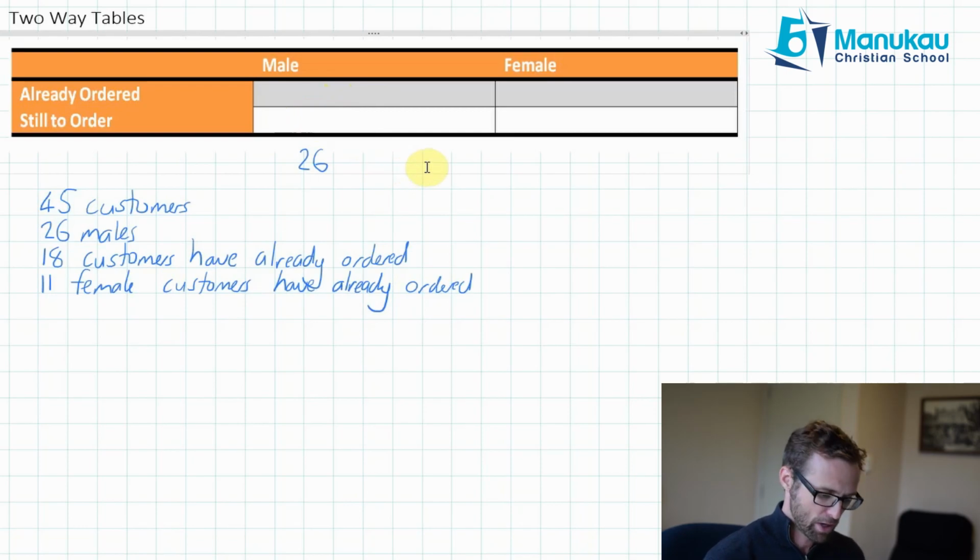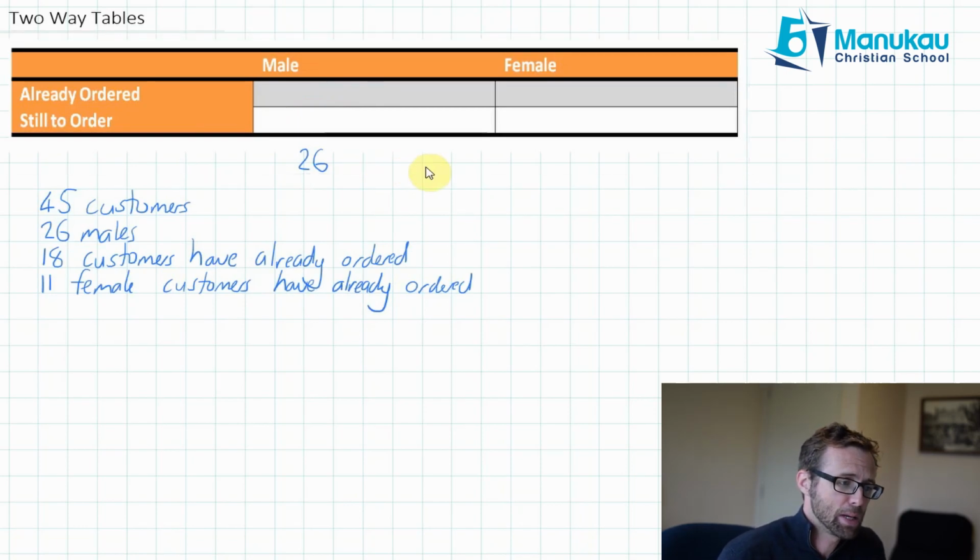Now, given that, we can also say there must be 19 females, since 19 plus 26 adds to 45, which is the number of customers we have in total. So I've used that piece of data there. Okay, we've got 26 males. That's not so helpful at the moment.